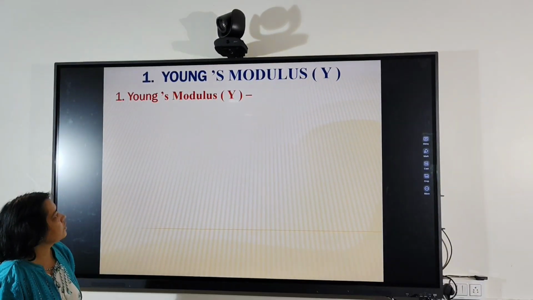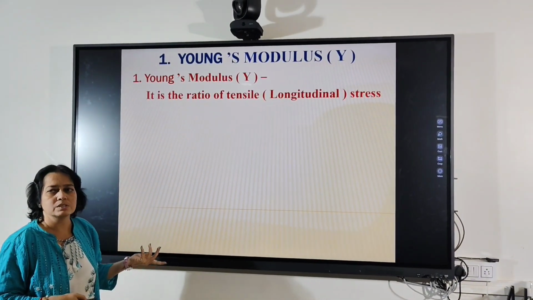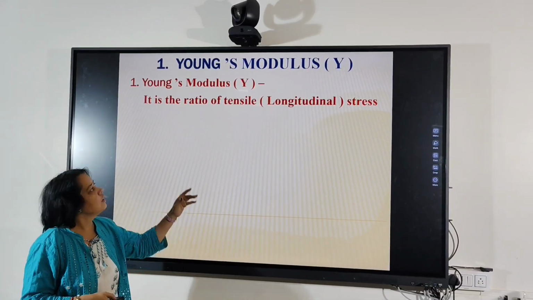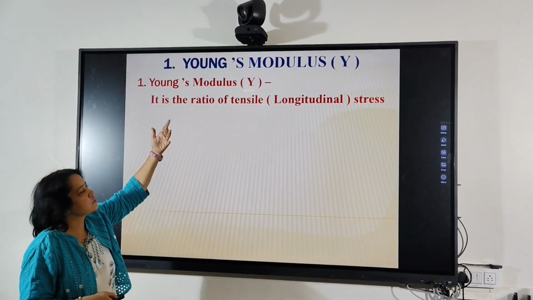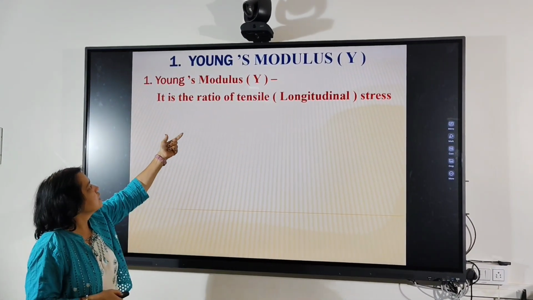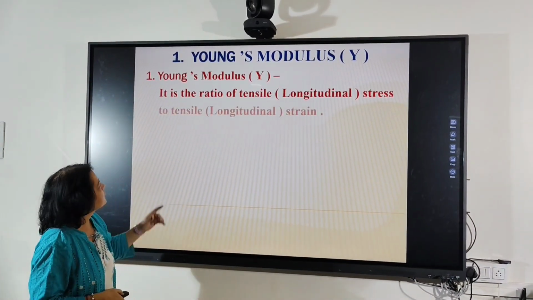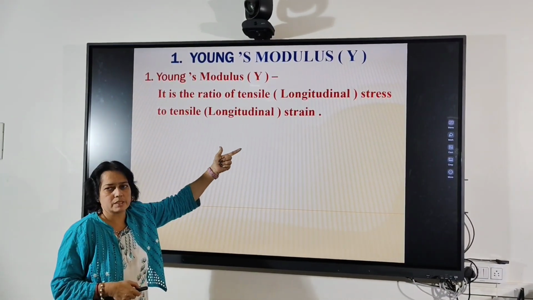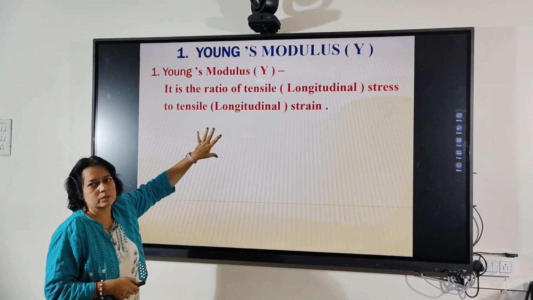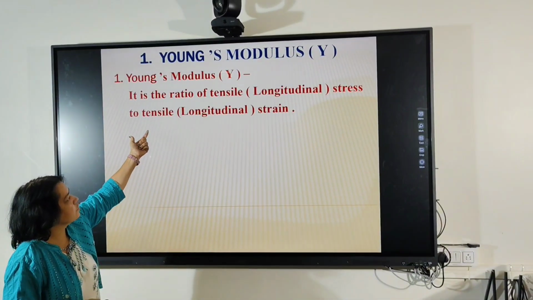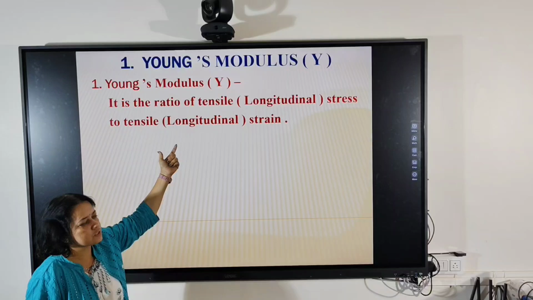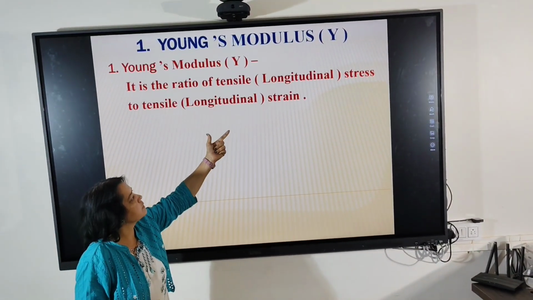Then what is Young's modulus? It is a simple ratio of stress to strain. Young's modulus is the ratio of tensile or longitudinal stress to tensile or longitudinal strain. That means here length is included.